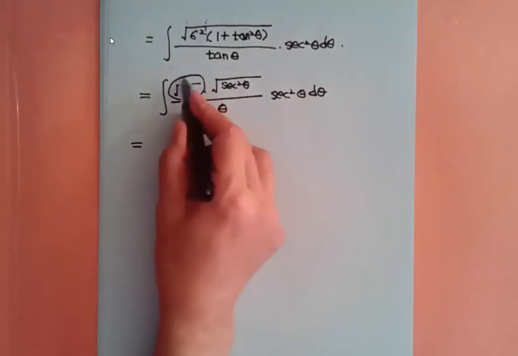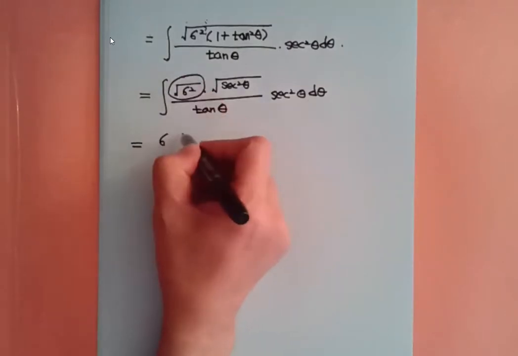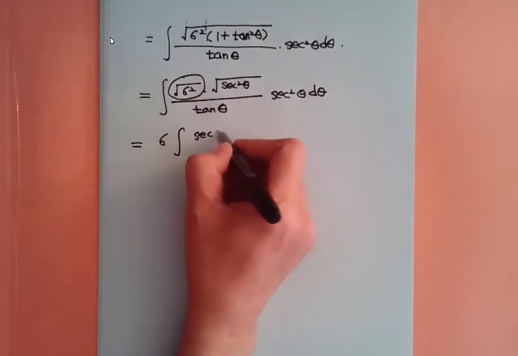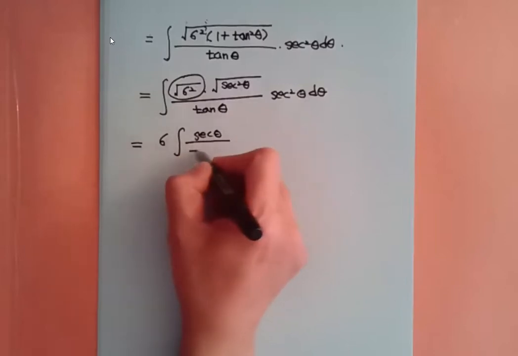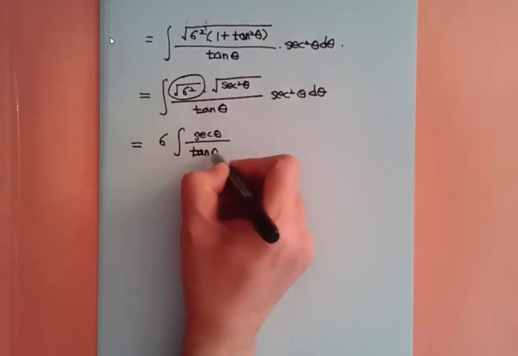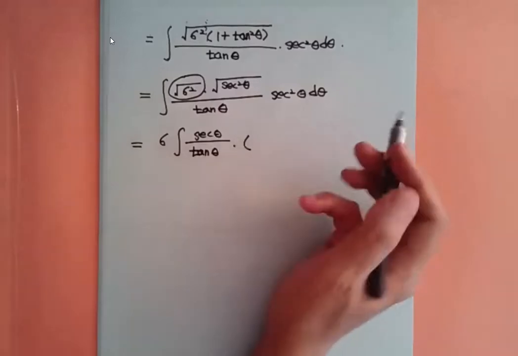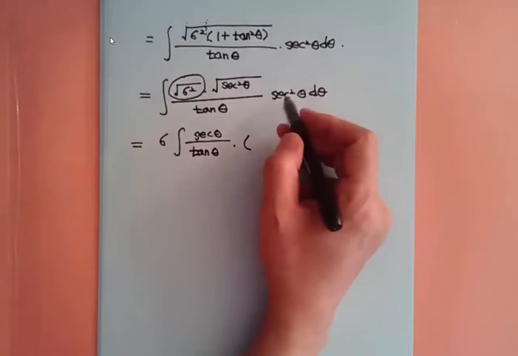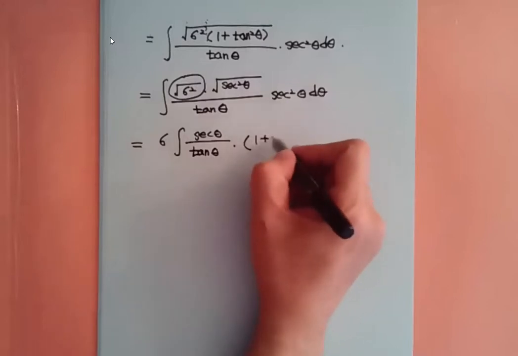So square root of 6 squared is 6. The integral of secant of theta over tangent of theta times, what we will do is replace secant squared as 1 plus tangent squared.